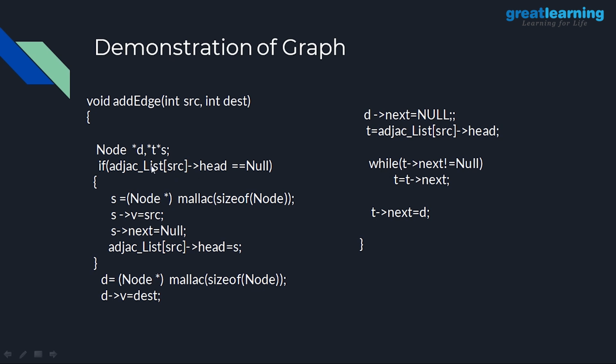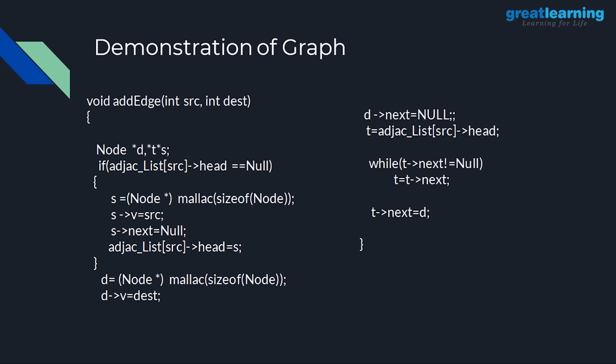The first part shows that we only insert the head in the array if it is present for the first time. So we allocate memory, then assign values to it: the vertex, and the next part becomes null. Then in the head section we give the source value, the 0 value, which will be present in the array.